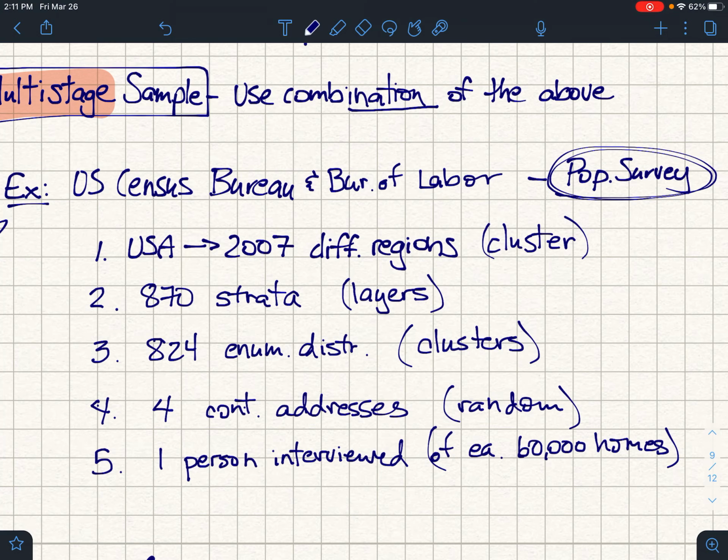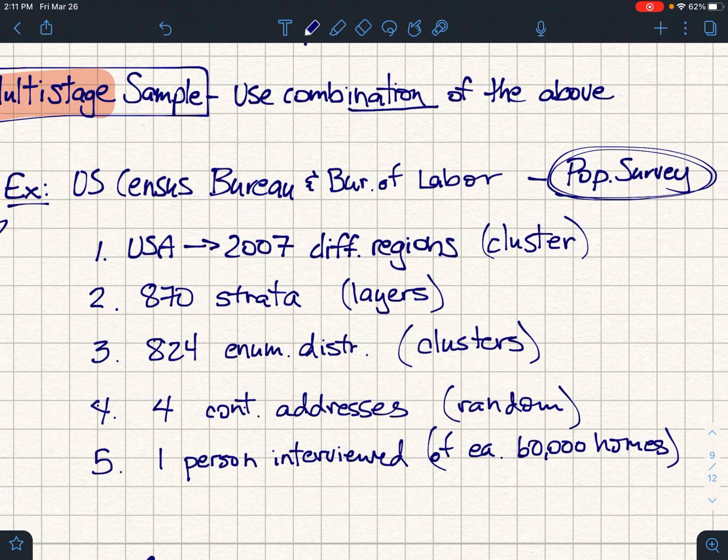In 2007, they did it, and they first of all break them up into clusters. There's 2007 different clusters in the U.S., and they break this by kind of a region. They look at metropolitan, suburban, and then rural areas, and they break those into clusters. I don't know how specifically, but then each of those clusters is broken up into 870 strata, okay?